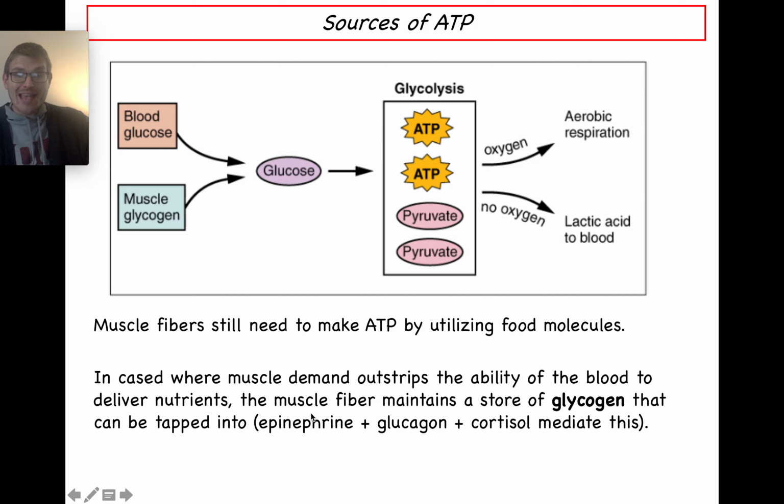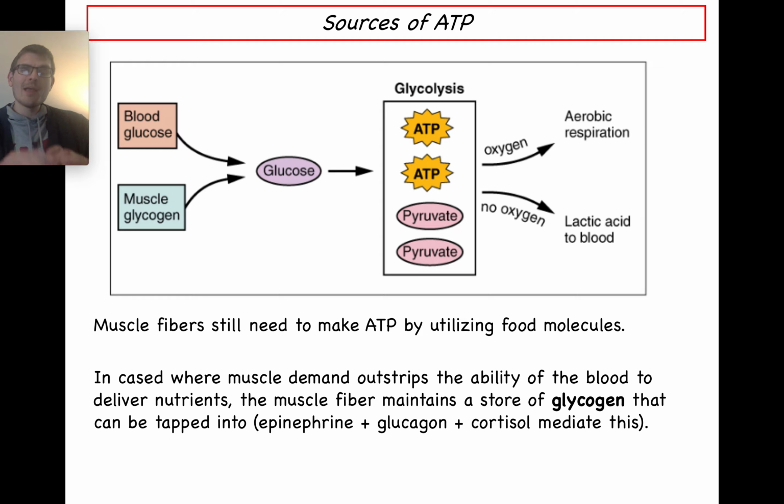So in these cases, if we're not getting a fast enough delivery of glucose, we actually have a storage unit for glucose already contained within the skeletal muscle. And this is something that we've talked about before. This is called glycogen. It's also present in liver tissue. And you will recall the hormone glucagon actually can stimulate what is called glycogenolysis, the breakdown of glycogen.